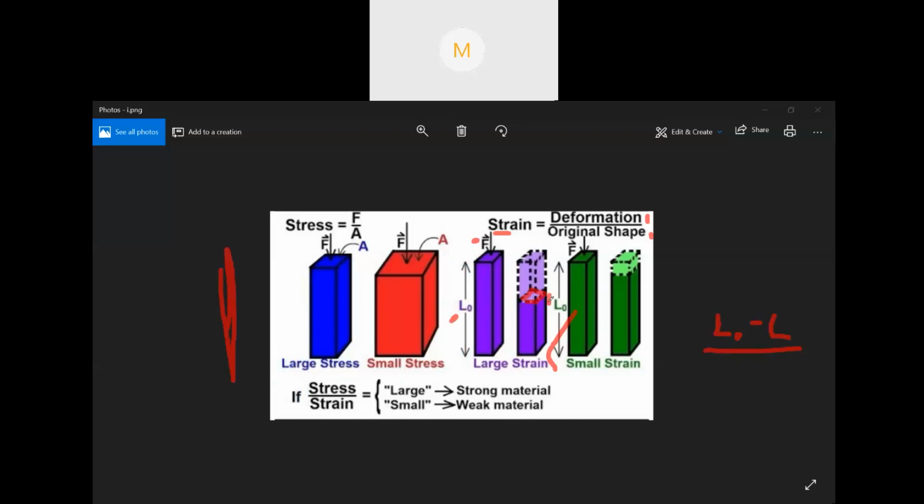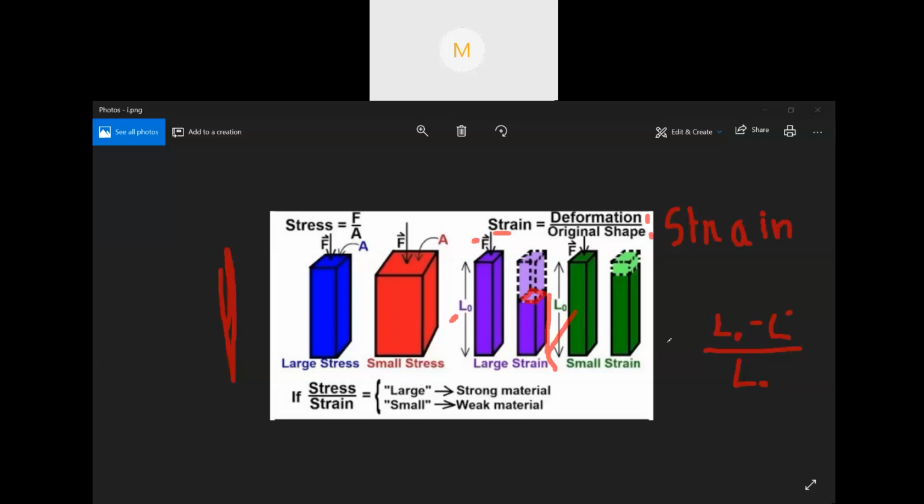So this length is L. Change in length divided by original length, this is strain.